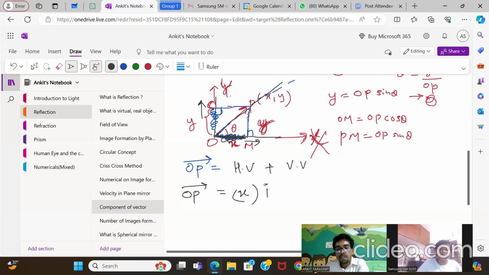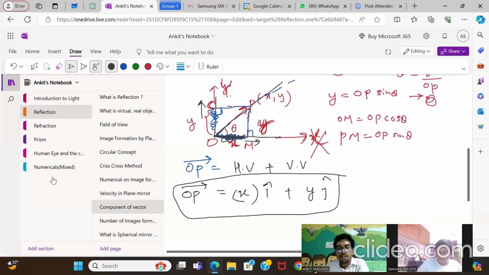The x-axis direction is denoted by the i vector, so the x component is x into i. And the y component, or the shadow on the y-axis, will be y into j. I, j, k are the unit vectors. They tell us the direction.